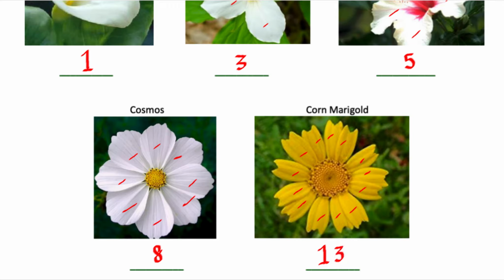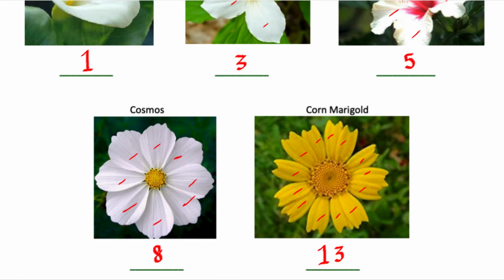Now notice our answers: one, three, five, eight, and 13. Those are the numbers of petals in these flowers. These numbers, 1, 3, 5, 8, and 13, are what we call Fibonacci numbers.